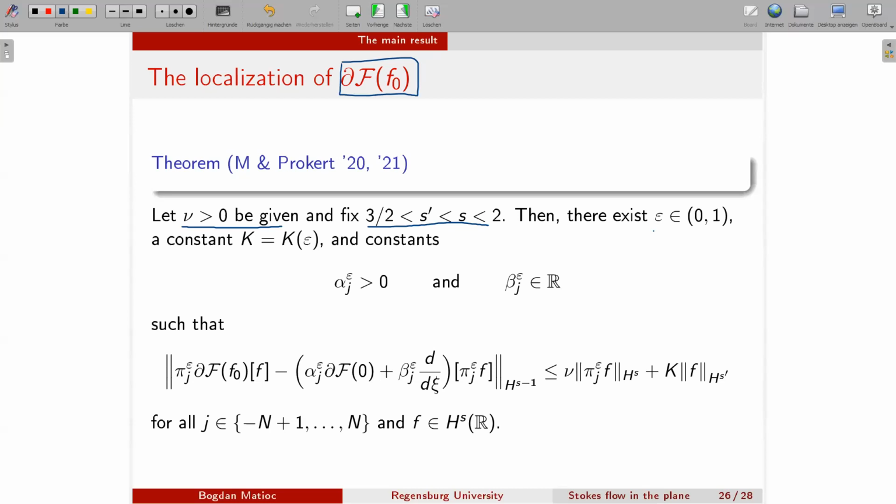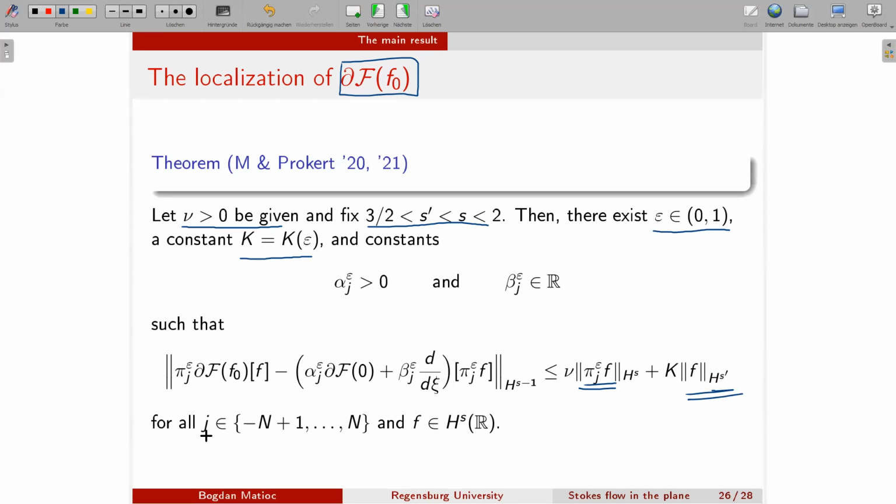Then, if epsilon is sufficiently small, we have a constant k which depends on epsilon, and constants alpha j epsilon which are positive and beta j epsilon in R, such that the pressure derivative evaluated at f multiplied by pi j epsilon minus this Fourier multiplier which I presented before, where alpha j and beta j are constants evaluated at pi j f, in the H^(s-1) norm is less than this arbitrarily small constant nu multiplied by the full norm of pi j f, the H^s norm, plus a possibly large constant k, but here we have a lower norm of f, the s prime norm of f.